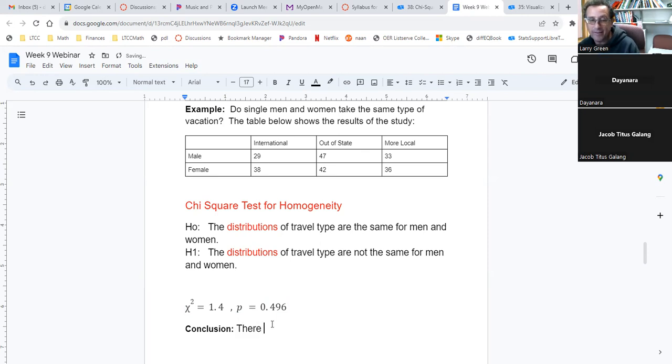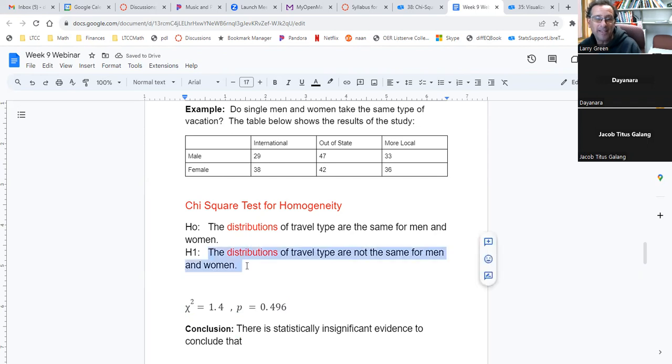There is statistically insignificant evidence to conclude that, and now I just take H1, copy and paste.